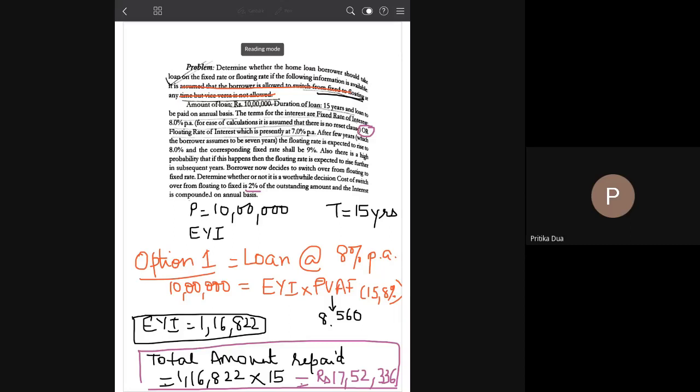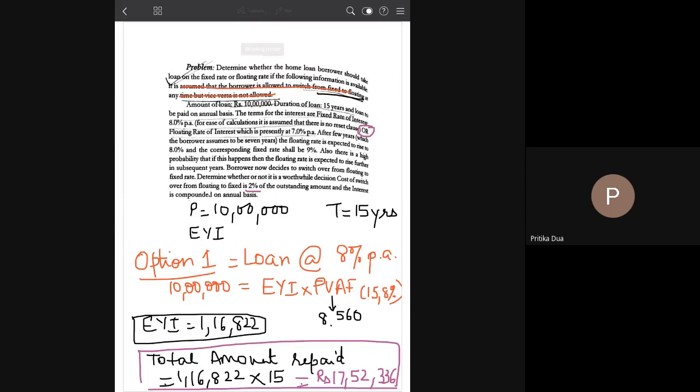duration of 15 years at 8% per annum, or the borrower could start with a floating rate of interest at 7% per annum. Now, in case of floating rate of interest, it is after the expiry of 7 years that the borrower wishes to switch from floating rate of interest to fixed rate of interest, that too at 9% per annum.